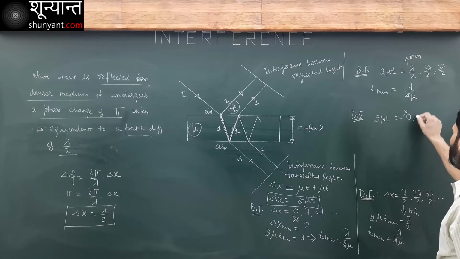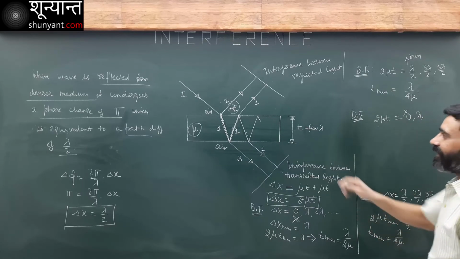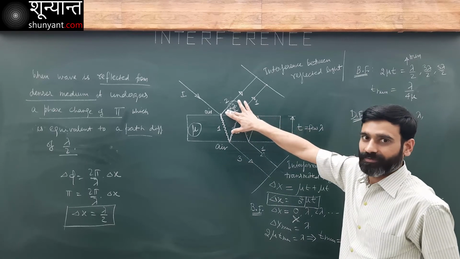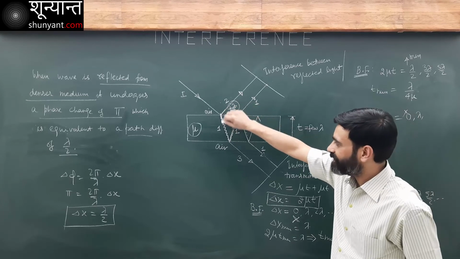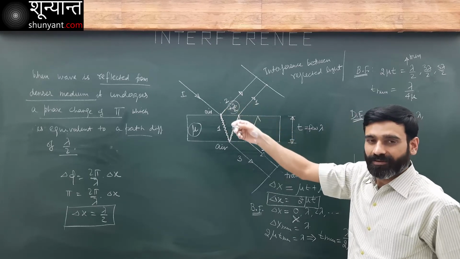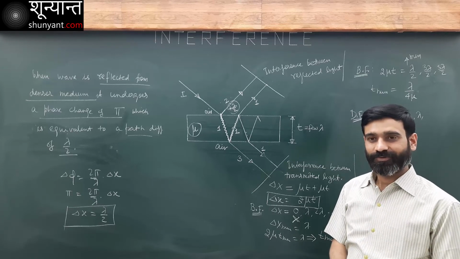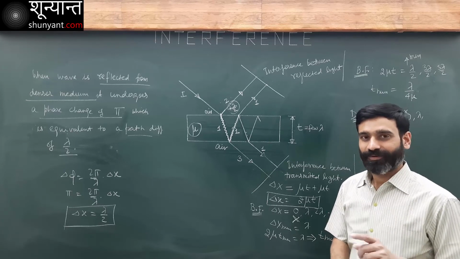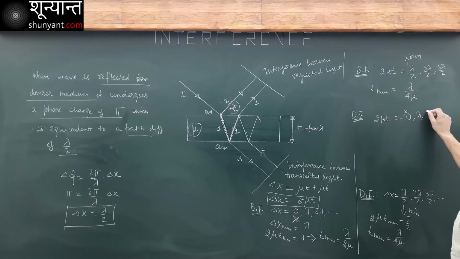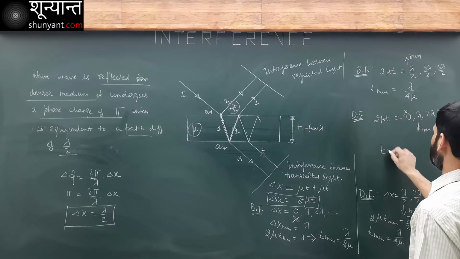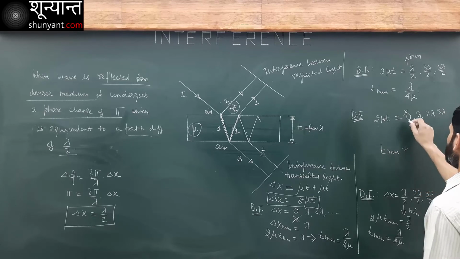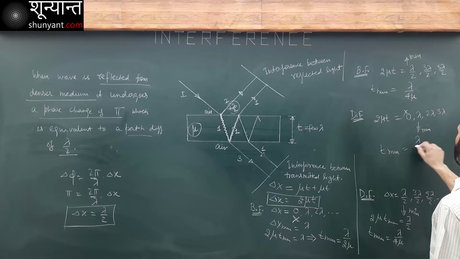It is lambda. There is already a phase difference of lambda by 2. So if the path difference here is a multiple of lambda, it will result in an odd multiple of lambda by 2. It is going to be destructive. So it will be lambda, 2 lambda, 3 lambda here. This corresponds to minimum. So I have t minimum equal to lambda over 2 mu.